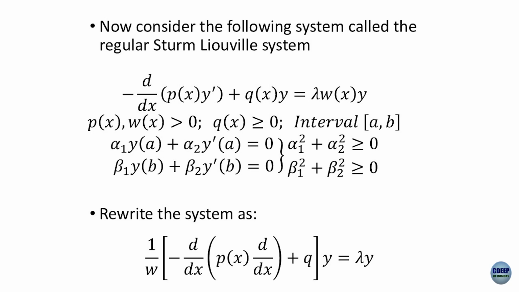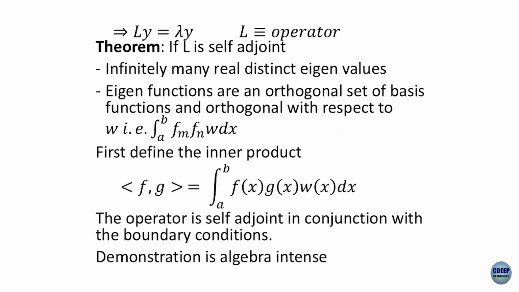So then we did a decent amount of algebra. We wrote this down. The reason why we are interested in this is because if you've got a self-adjoint operator, that equation is going to end up with infinitely many real distinct eigenvalues.